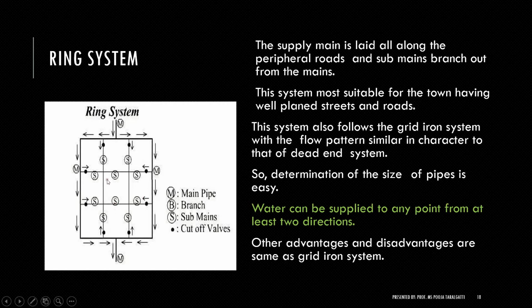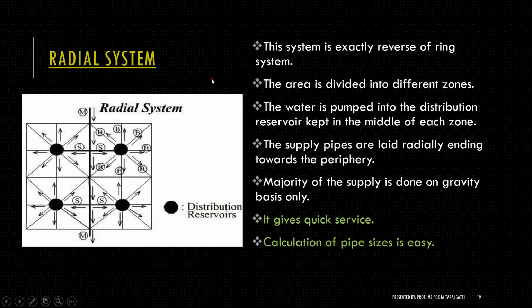You can have the other side pipeline to supply water for the same area. So that is the good advantage of it. All these advantages are quite the same as your first grid iron system, so you can refer to that grid iron system again. So here the main difference is its main pipeline is at the periphery, it's not at the center.